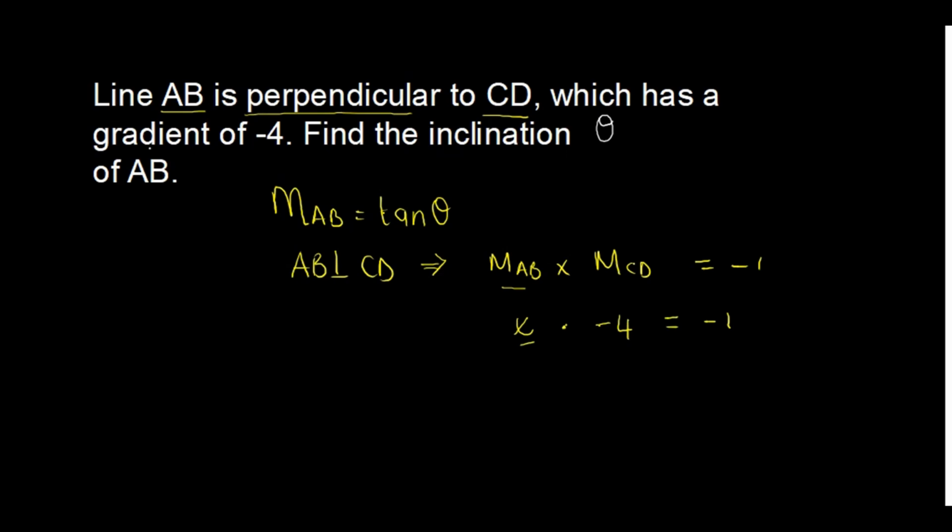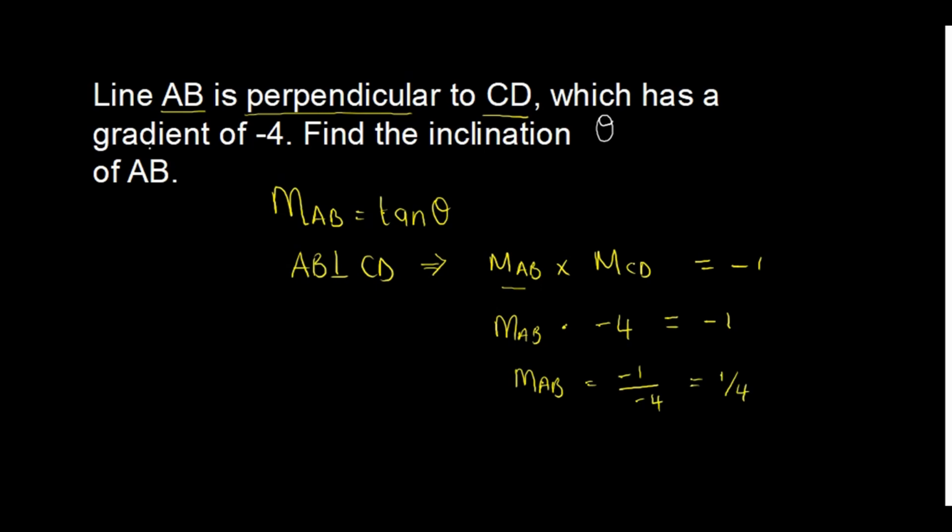Then when you simply solve this equation for x, you can just leave it as the gradient of AB. Solving for the gradient of AB gives us -1 divided by -4, which is equal to 1/4.